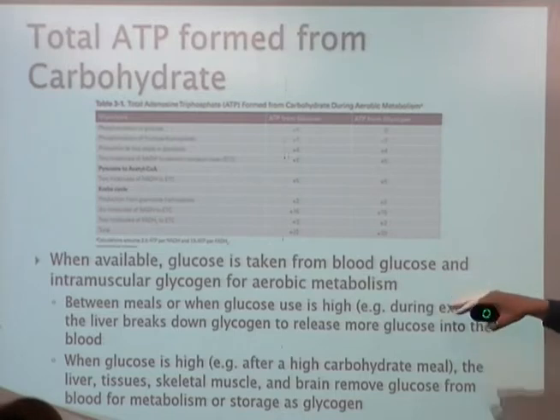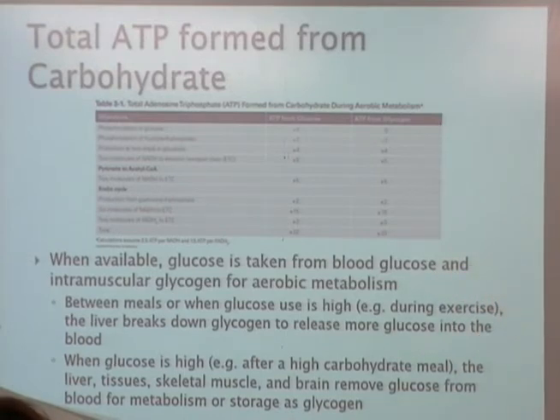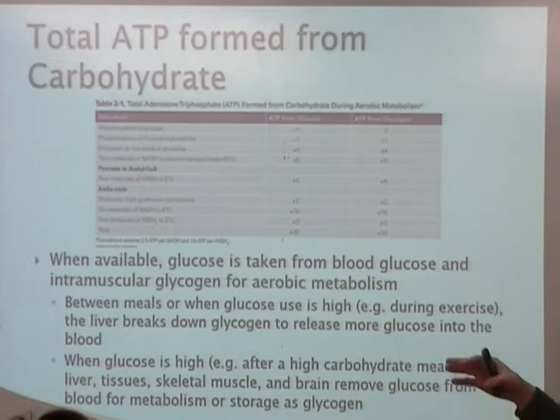So if my blood glucose levels are stable, then I can take carbohydrate from the bloodstream, or if I've done a good job eating my carbohydrate the previous day, right? I have my baked potato, or I have my wholemeal bread, or I have my rice or my pasta. I did a good job of filling up my glycogen store.